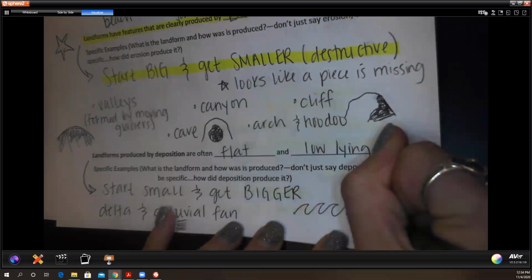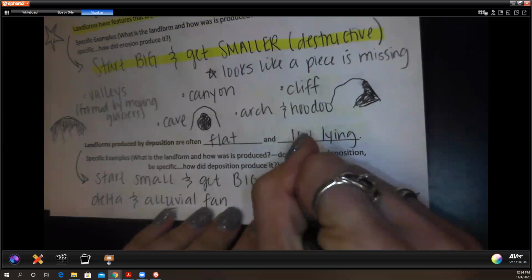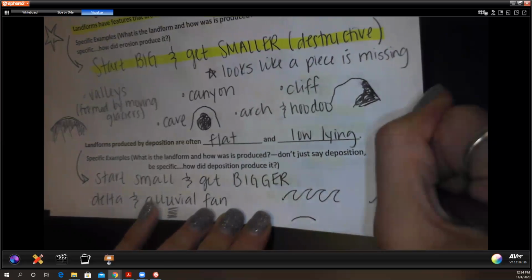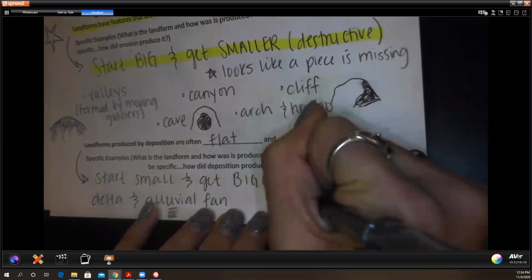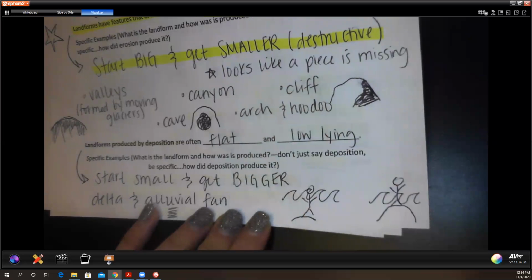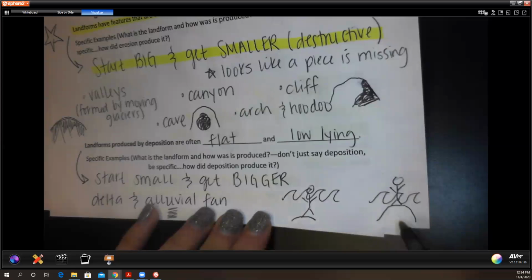Sandbars are examples of depositional environments because they start small, and then once the low tide pulls all of the sand back, it makes the hill much bigger, and then you're standing on top of the water, right? So here you are, treading water, trying to keep your head above, and you take a couple more steps, and then you're standing on top because all the sediment was layered on top of each other to form a hill.